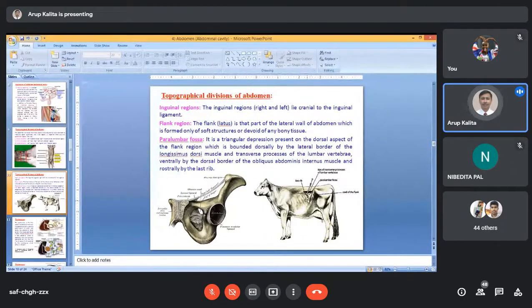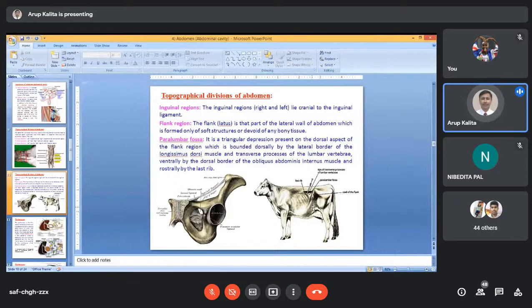So important. What is paralumbar fossa? The paralumbar fossa is a triangular depression present on the upper part of the flank region, which is bounded dorsally by the lateral border of the longissimus dorsi muscle and the transverse processes of the lumbar vertebrae, ventrally by the fold of the obliquus abdominis internus muscle, and cranially by the last rib.